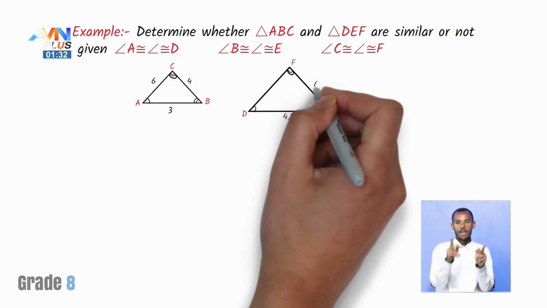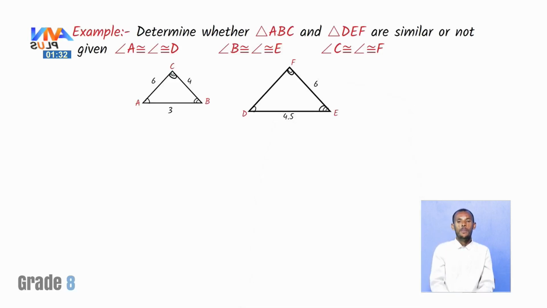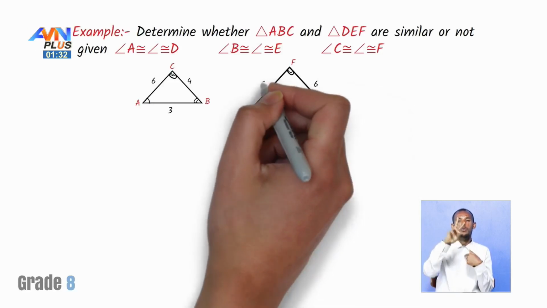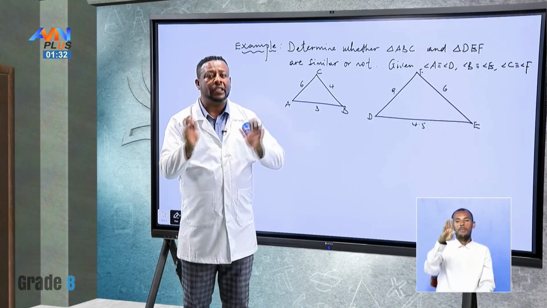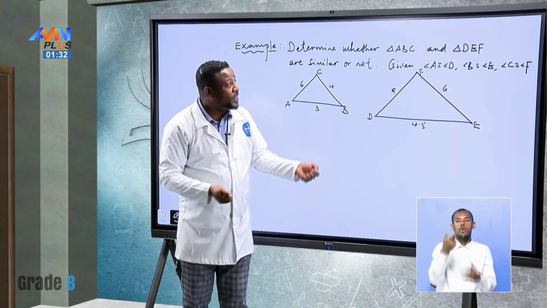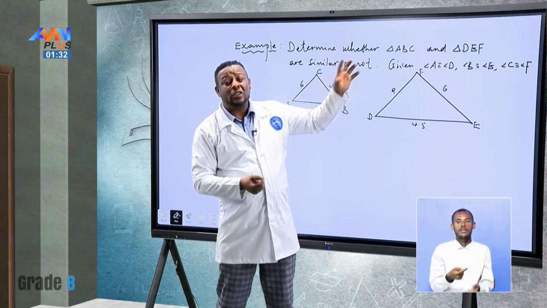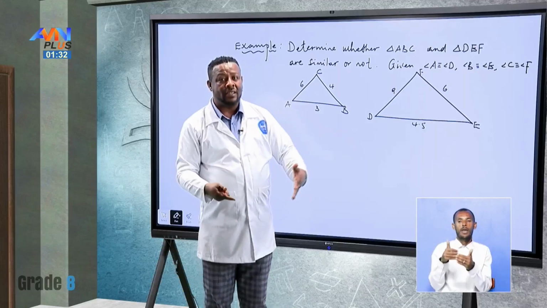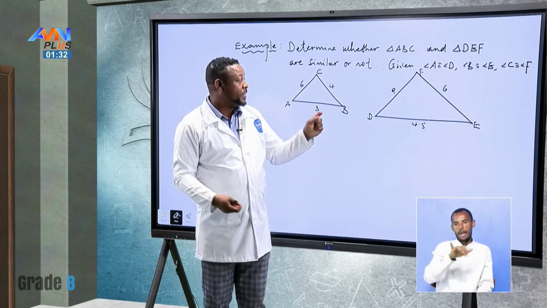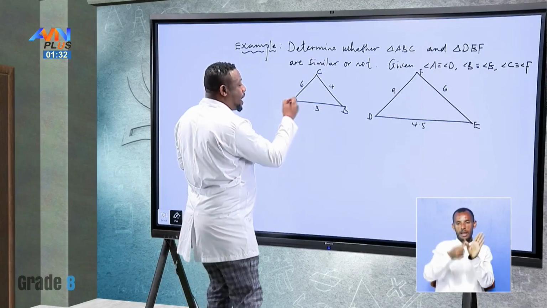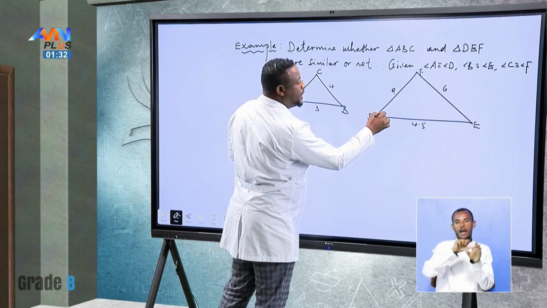Okay, now here we have two triangles, triangle ABC and triangle DEF. What is given here is that the corresponding angles are the same. That means angle A and angle D are the same.